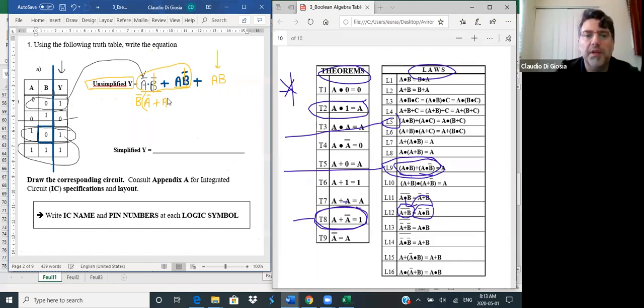This is called factoring out. Now, factoring out and multiplying out are the inverse of each other. Mathematically, the reason why this works is because if I take the B naught multiplied by A naught, I end up with A naught B naught. If I multiply the B naught by the A, I end up with A B naught. So I have to be able to go back and forth here.